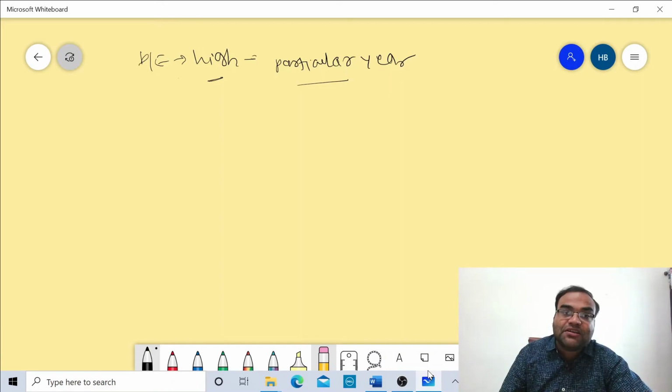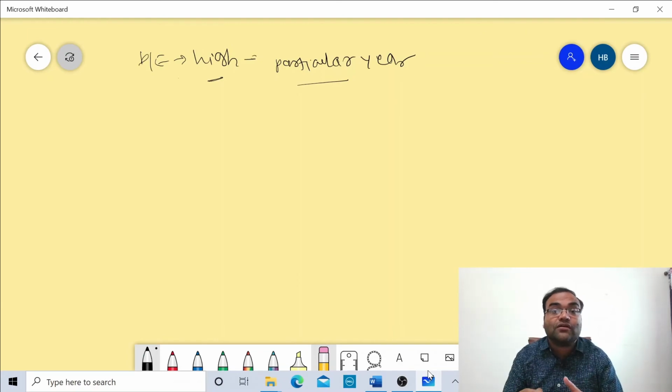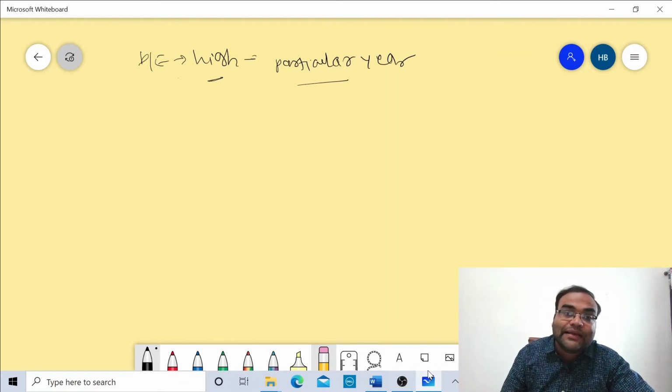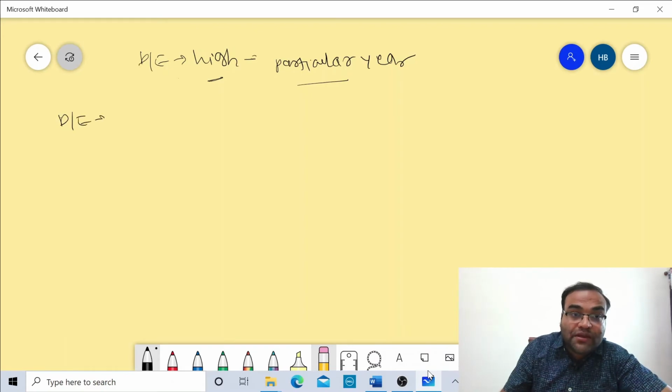So you cannot just discard that company based on the high D by E ratio of 1 year. Therefore, you should always look at the D by E ratio of the last 3 to 5 years, and only then analyze the company.